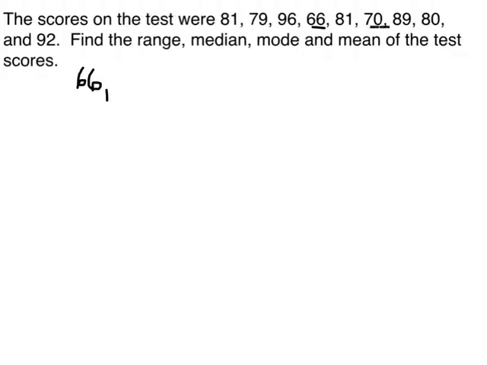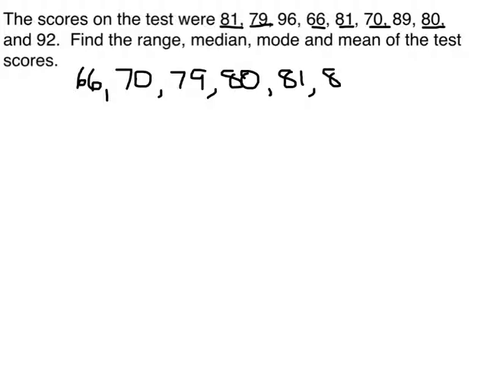And then we've got a 70, and then we've got a 79, an 80, an 81, another 81, 92, and 96. So I've got 1, 2, 3, 4, 5, 6, 7, 8 numbers again.